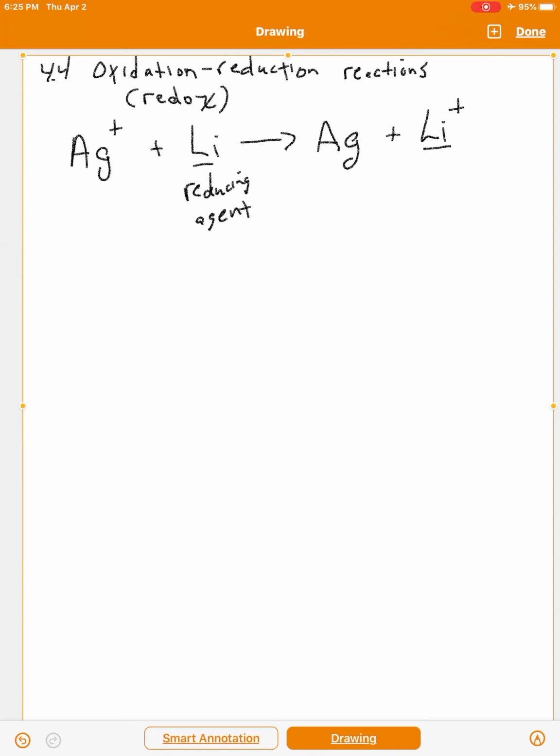And the oxidizing agent is the one that takes the electrons. So since silver had a plus charge, now on the product side it's zero charge, it's neutral. That means it gained electrons. That means it took an electron from the lithium. That's called the oxidizing agent. So the oxidizing agent takes the electrons.